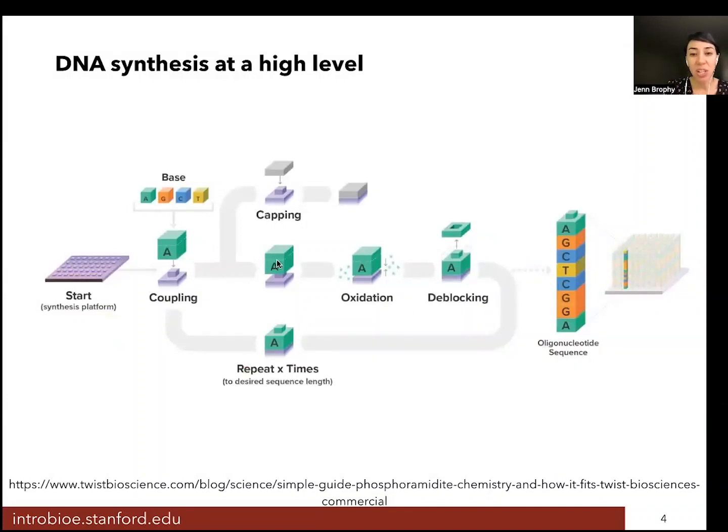And then you're going to do what's called an oxidation reaction to get the base to adhere to your support, and then you're going to de-block. You're going to remove the chemical group that was preventing multiple bases from getting added at once, and then you're going to add a new set of blocked bases, only one of which will be able to be incorporated because it will not have the capacity to get a new base put onto it.